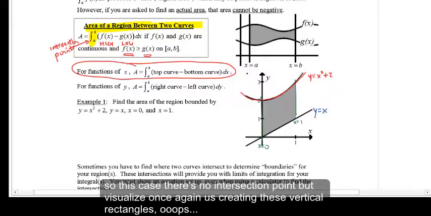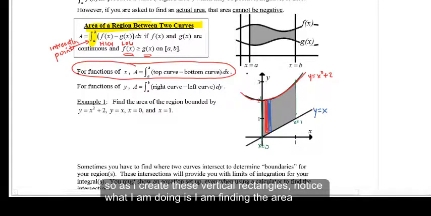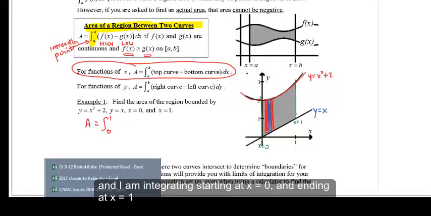Okay? So in this case, there's no intersection point, but visualize once again us creating these vertical rectangles and summing them all up. As I create these vertical rectangles, notice what I'm doing is I'm finding the area, and I'm integrating starting at x equal to 0 and ending at x equal to 1.